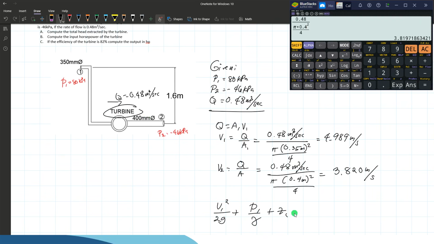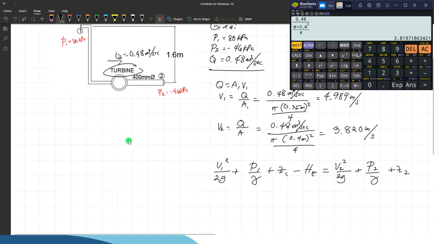We have a turbine, so we subtract the head of the turbine. So the head of the turbine equals the velocity head at point 2, pressure head at point 2 plus Z at point 2.